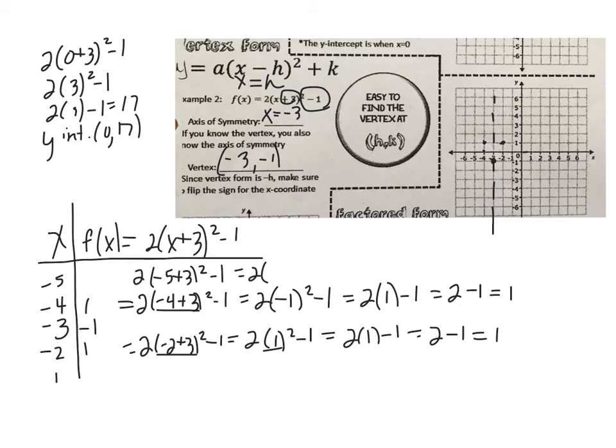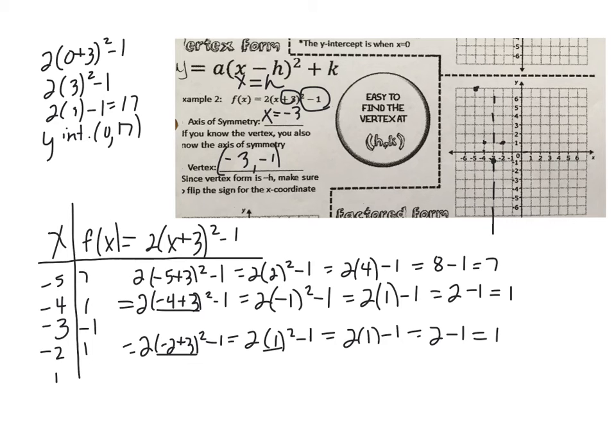Inside parentheses, -5 plus 3 is -2. So -2 squared is 4. So 2 times 4 minus 1. 2 times 4 is 8. 8 minus 1 is 7. So out at -5, I should be up 7. So I'm going to go out 5 and up 7.